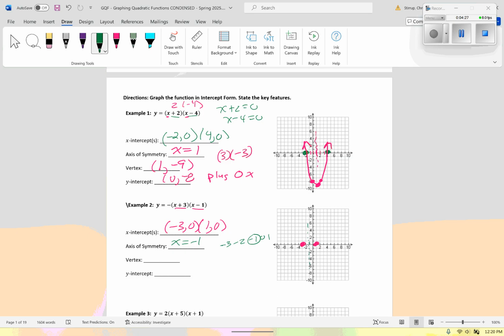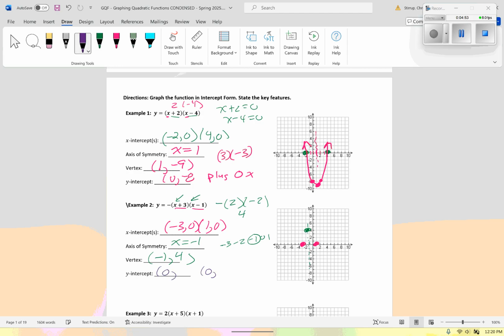My vertex, I'm going to take my axis of symmetry, plug that in. I'll plug negative 1 in here and negative 1 in there. So I have the negative outside. Negative 1 plus 3 is 2. Negative 1 minus 1 is negative 2. So that's going to give me positive 4. So negative 1, positive 4. My y-intercept, I can get that by just plugging 0 in for x.